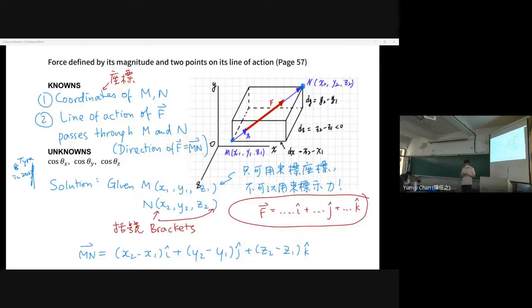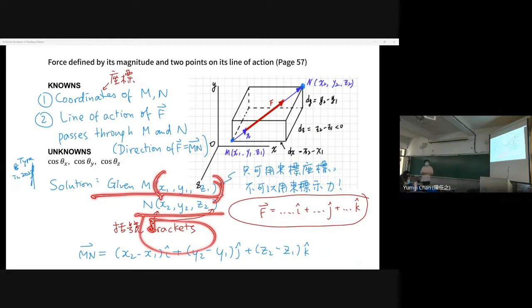Now, if we write down coordinates of M and N in brackets, remember that this bracket can only be used for coordinates, but not for forces.